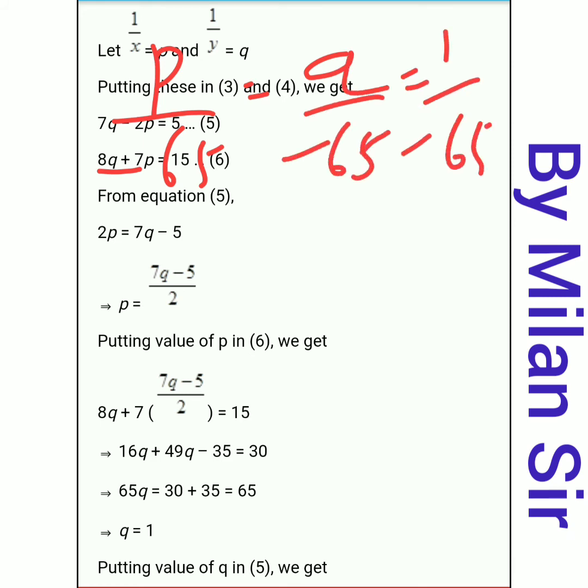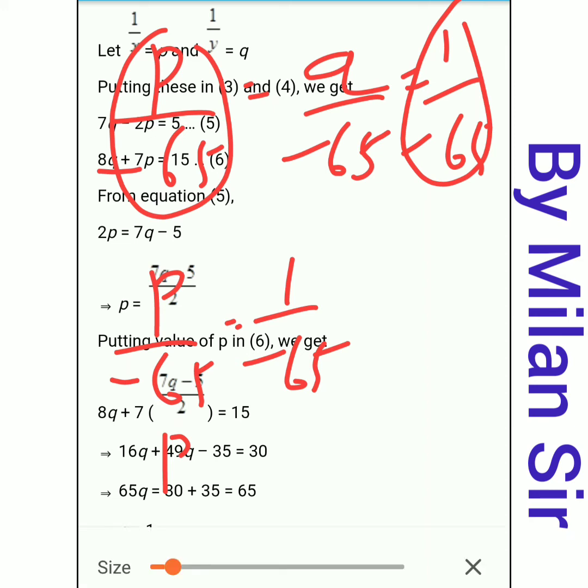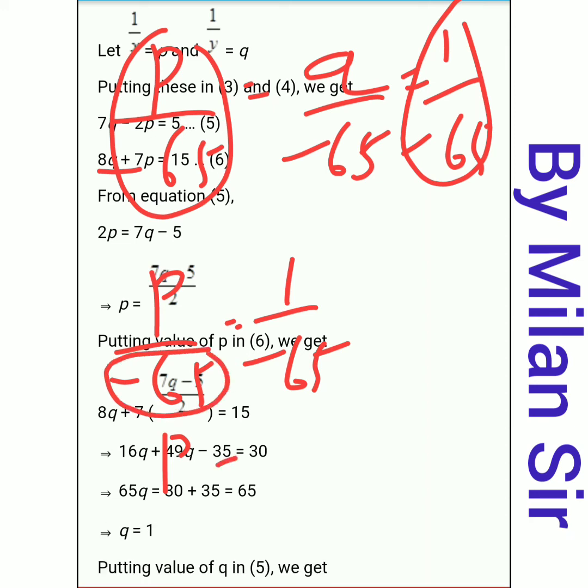Okay, now we need to compare these things with this constant. So p upon minus 65 is equal to 1 upon minus 65. Now transfer this minus 65 to the right hand side. So minus 65 into 1 is minus 65. 65 65 cancel, minus minus cancel.